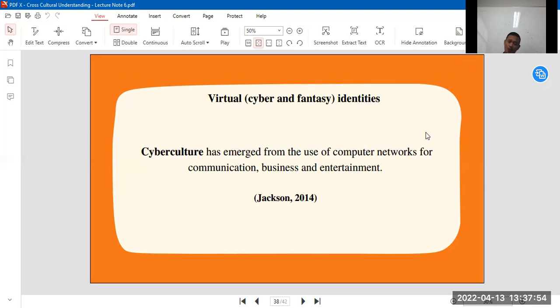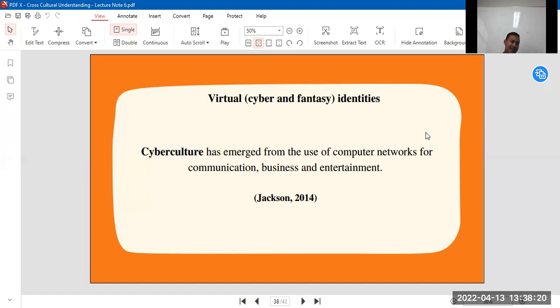When you become a member of an online community, you usually have some control over how much personal information you wish to reveal about yourself. You can choose to let other users see how you actually look, or you can post the photo of someone else.